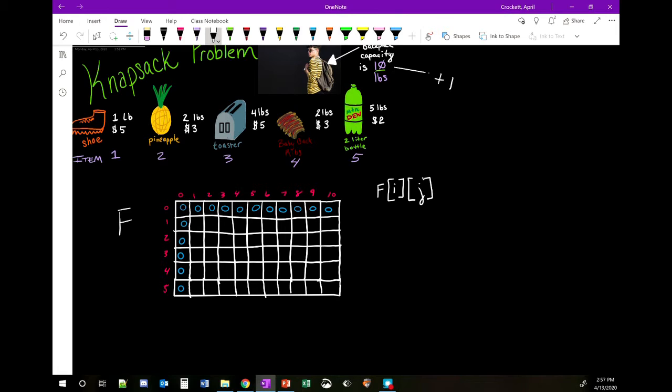is equal to, okay, so if J minus WI, so that's the weight of an item with index I, is greater than or equal to 0, then we're going to do one thing.